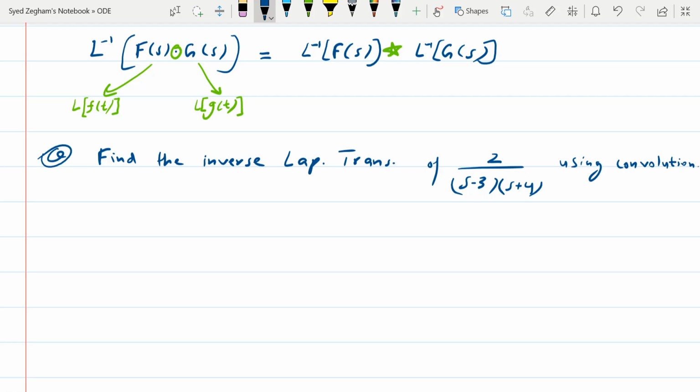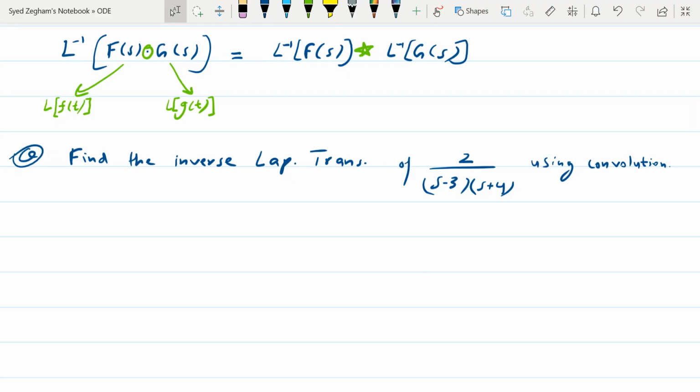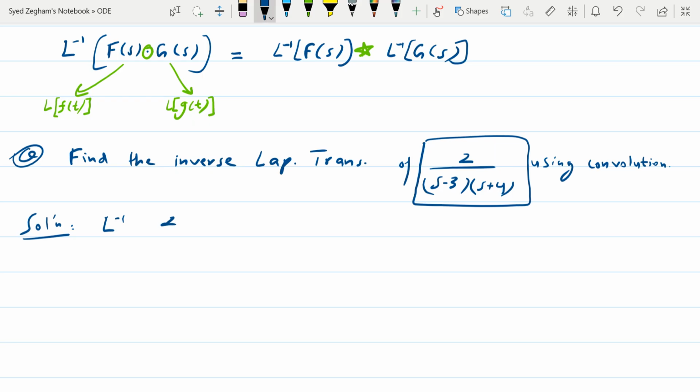This is our question. Find the inverse Laplace transform of this expression using convolution. So the question asks us to find the inverse Laplace transform of 2 over (s minus 3)(s plus 4).